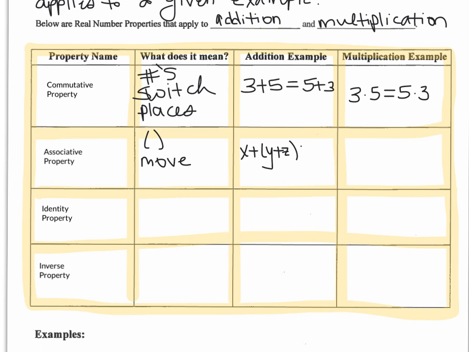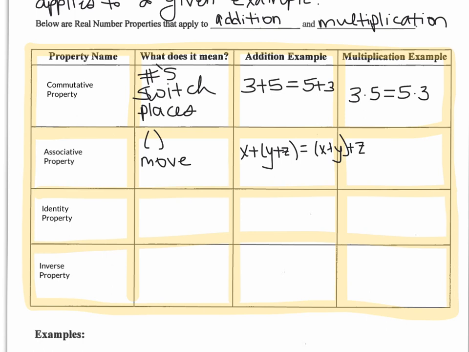And since the associative property is social, then x plus y is going to give each other a hug, plus z. So notice that the parentheses just move. So y and z are giving each other a hug, and now x and y are giving each other a hug. So they're being social. Everybody is getting a hug.